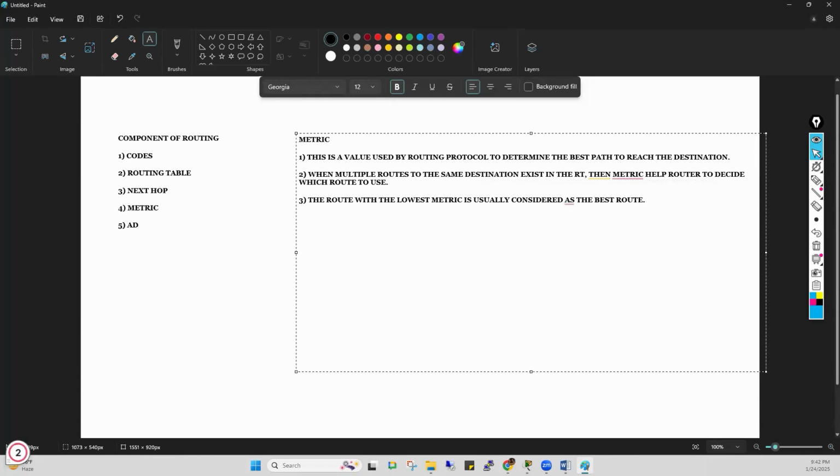So basically these are the 3 points that we need to remember about the metric. One more point you can remember: each routing protocol calculates the metric differently based on specific criteria.